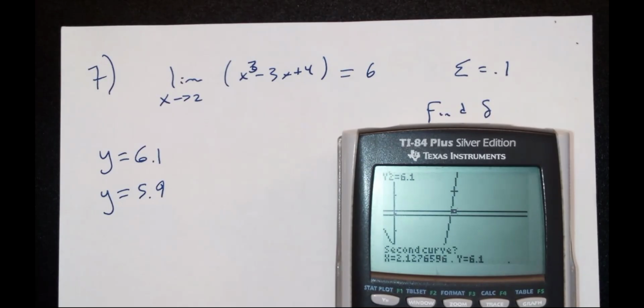The second thing is going to be the graph y equals 6.1. Then it asks where you think they cross, so I move my x value until I think it's close to where they cross. Hit enter a third time. Write that number down. That's the number that goes with 6.1.